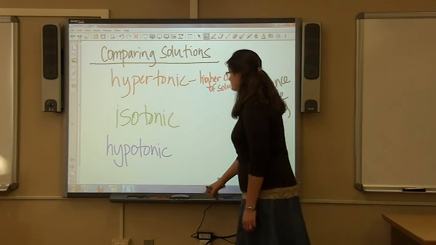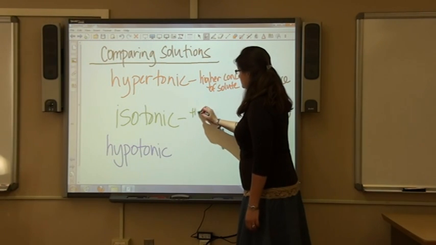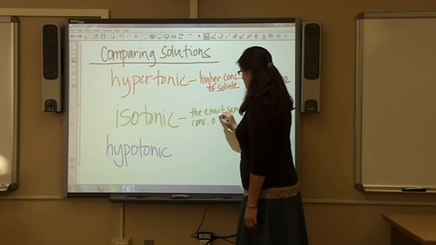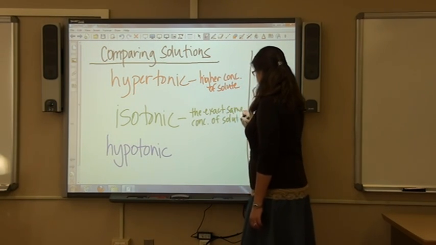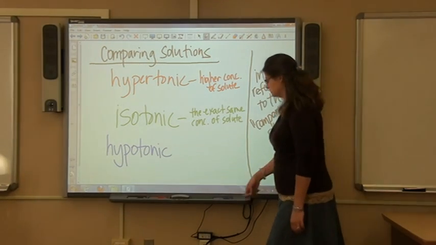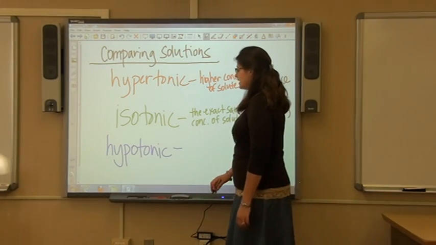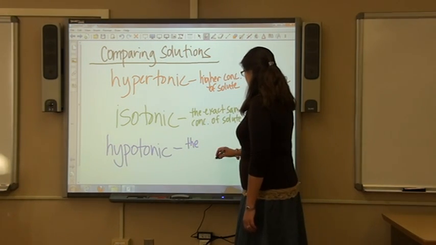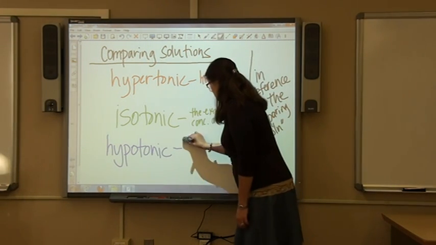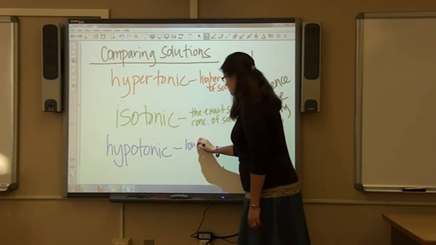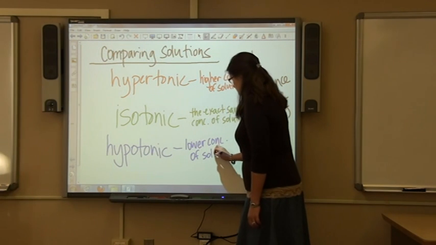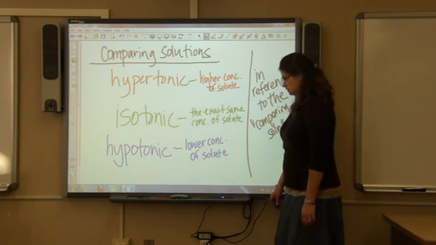The isotonic solution is one that has the exact same concentration of solute as your comparing solution. And then your hypotonic solution is the one that has a lower concentration of solute than your comparing solution.